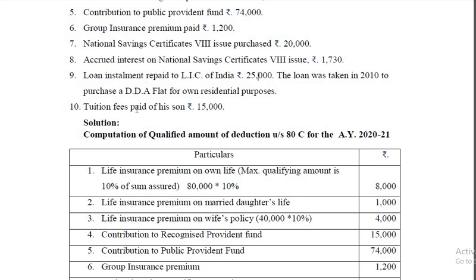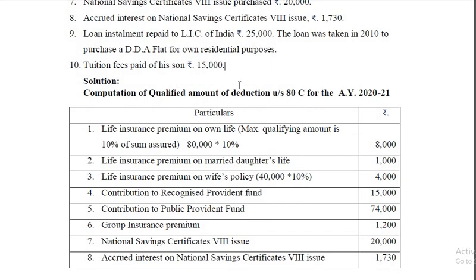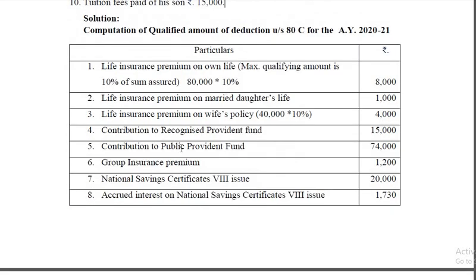Tuition fee paid of his son 15,000. So that's also qualified. So let's look at the solution here. LIC premium on own life, 10% of sum assured, so 8,000. Though the premium paid was 9,000, qualified amount is 8,000. Life insurance premium on married daughter's life.